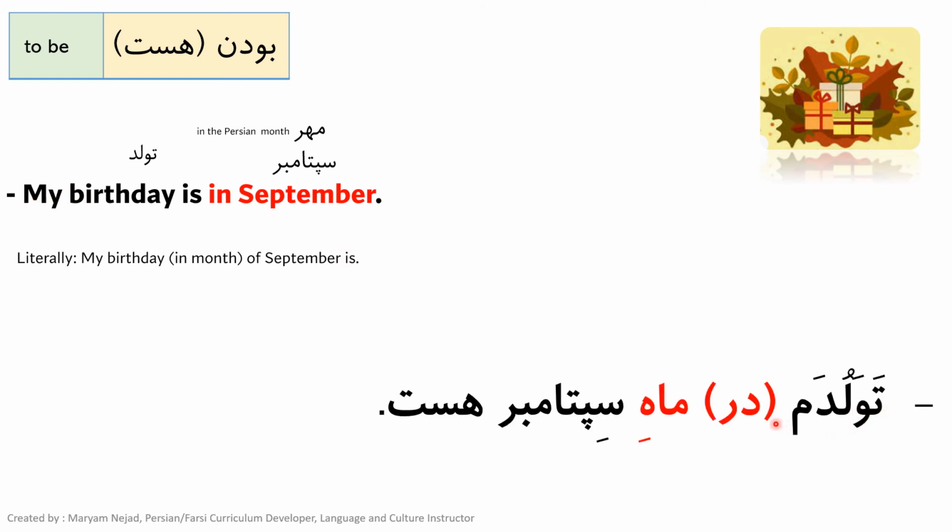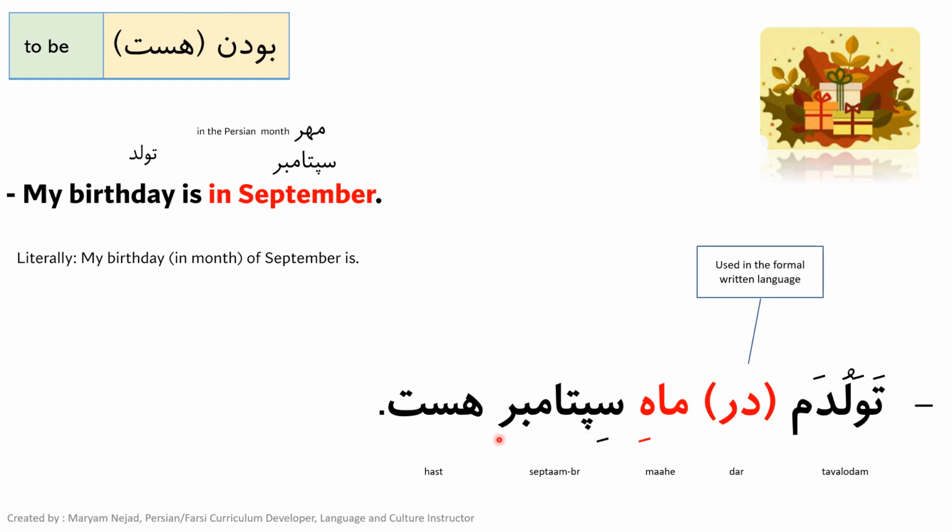تولدم در ماه سپتامبر هست. So my birthday, and then dar again, we said it's used in the formal written language. In the spoken language, we don't need to say that.